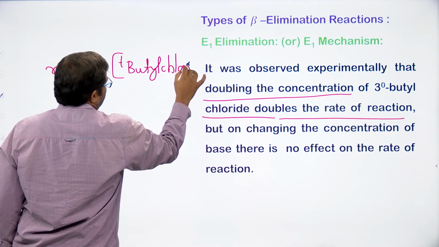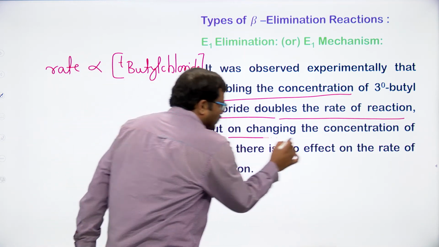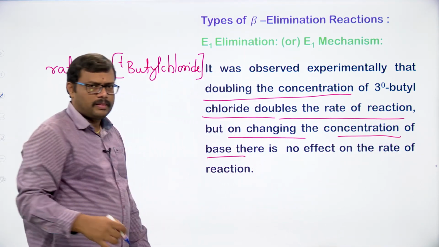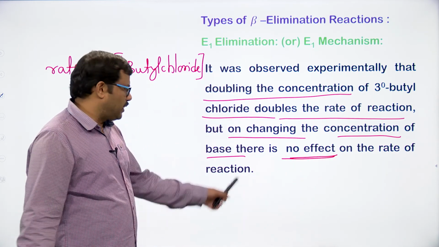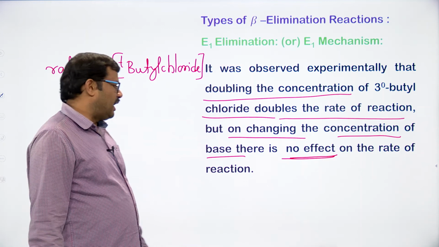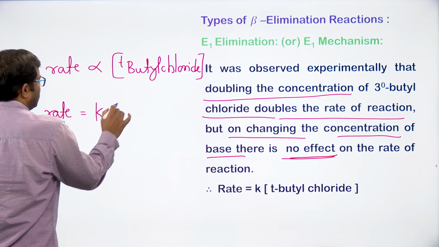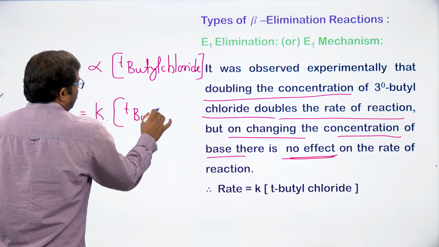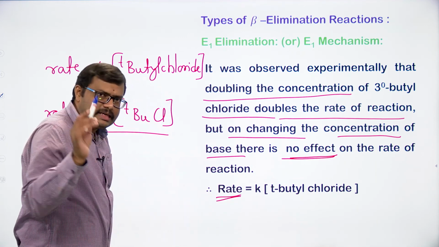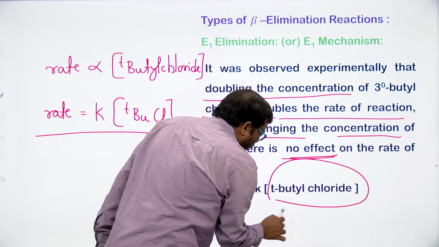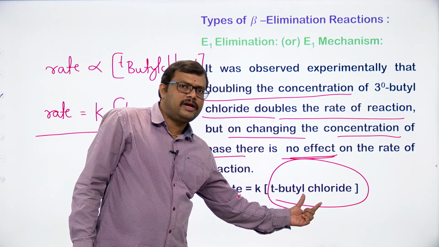So, the concentration of tertiary butyl chloride is increasing. And one more concept here: by changing the concentration of base, can we expect any effect? No effect is seen with respect to the velocity or the speed of the reaction. So, what can we write? We can write rate is equal to some constant K into tertiary butyl chloride concentration. So, the rate of reaction depends only on one molecule concentration, that is the alkyl halide which we are using.